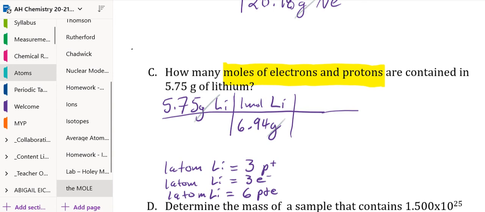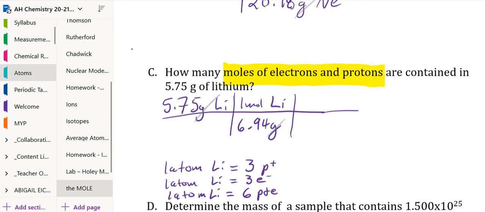For this problem, we're trying to find moles. So let's go back to those students. If I have 1 dozen students, how many dozen fingers are in that room? 10 dozen fingers are in the room.